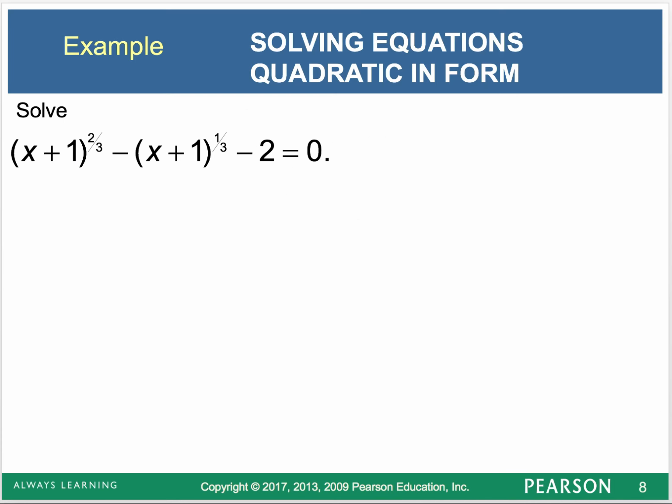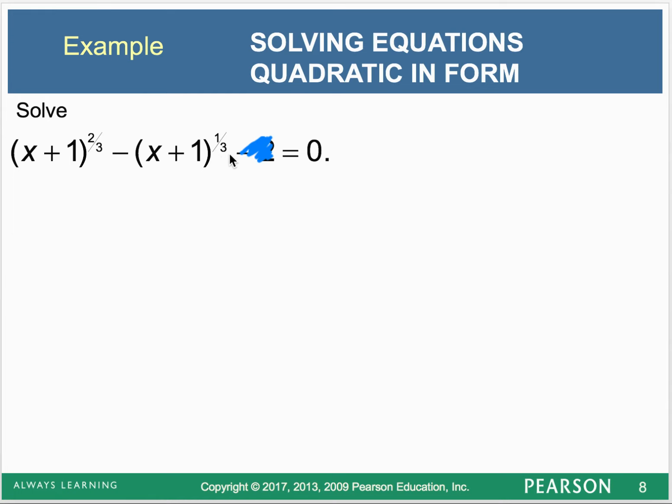Okay, so let's look at this one. Notice it has fractional exponents, but the difference between it and those last two I did is that if this term wasn't there, then I would move this over and raise both of these to the 2/3 power and get rid of those fractions.